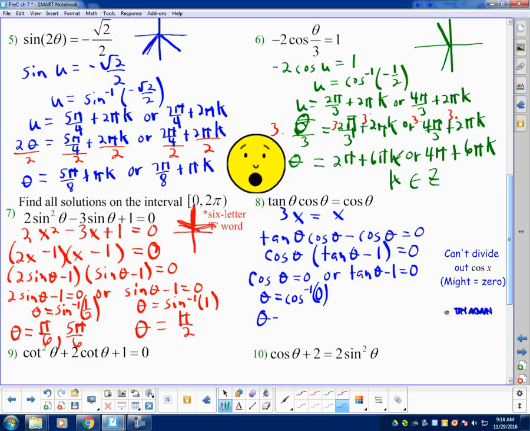So theta equals the arc whose cosine is 0. When is the x-coordinate 0 if you go around the unit circle? Pi over 2, good. So theta equals pi over 2.